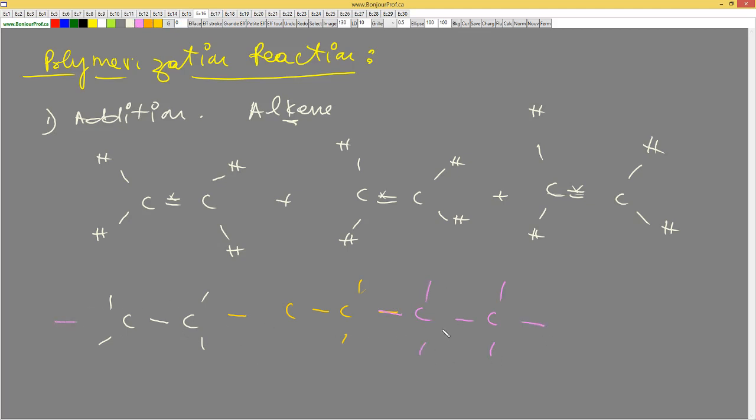So what I will have in the end is a big polymer. So if I take many ethenes, and if I make them react, and if I am smart enough to give the conditions for the reaction to occur, I will have plastic.